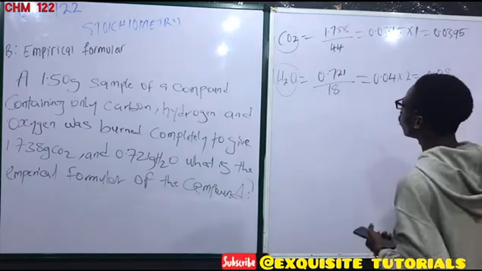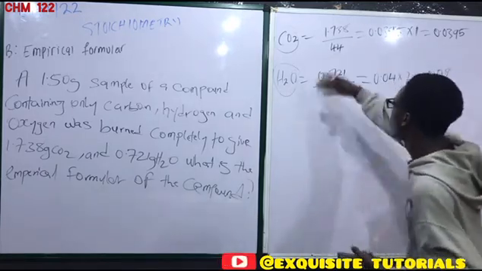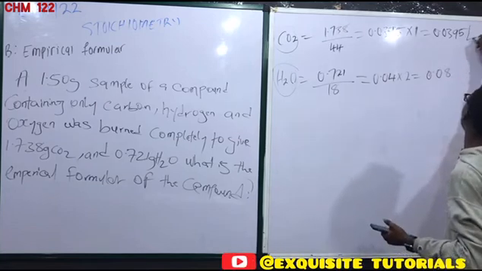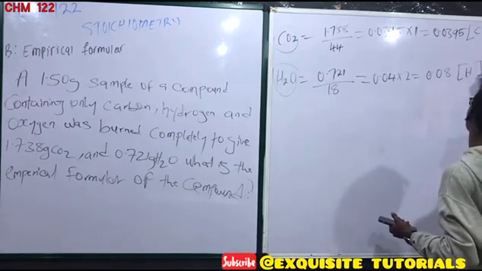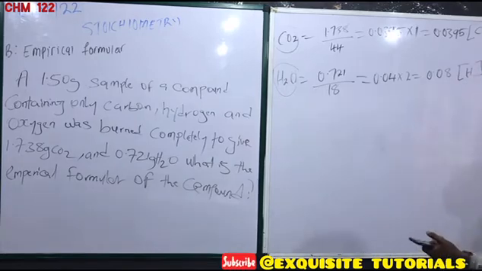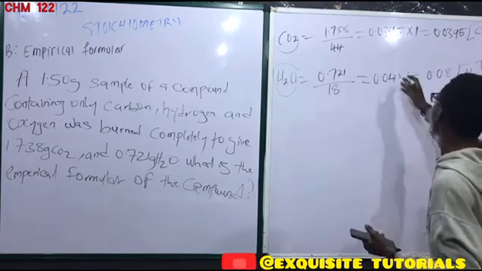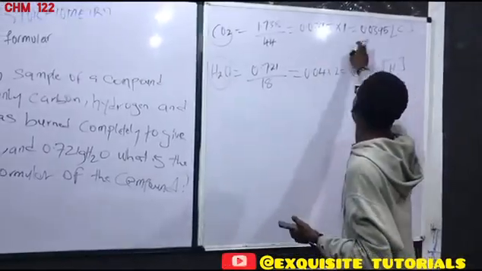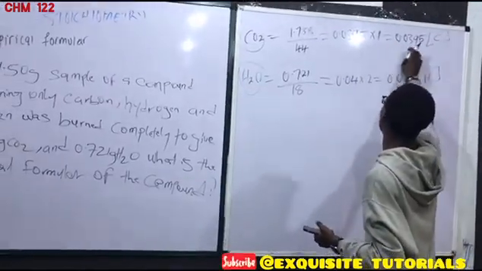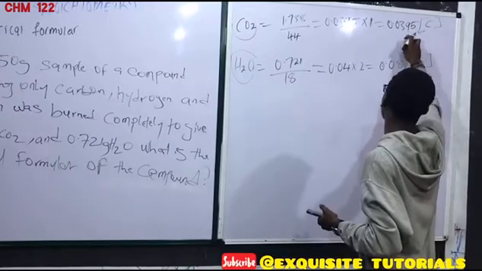So we have to add the two of them. This is for carbon and this is for hydrogen. Now we have to find the mass of each of them, then minus it from there. We already have the number of moles.